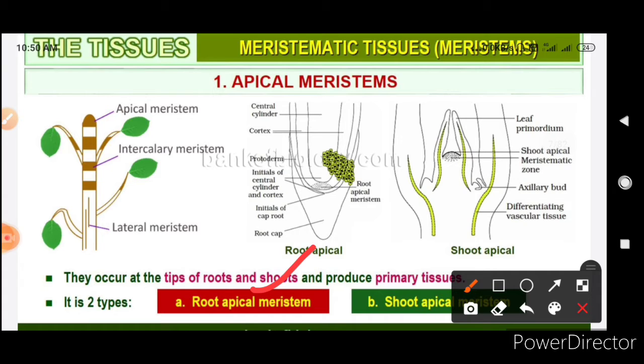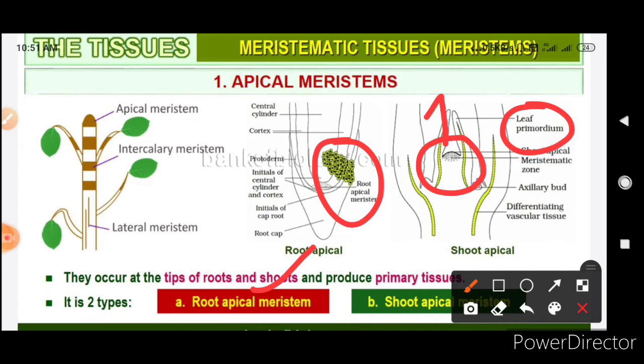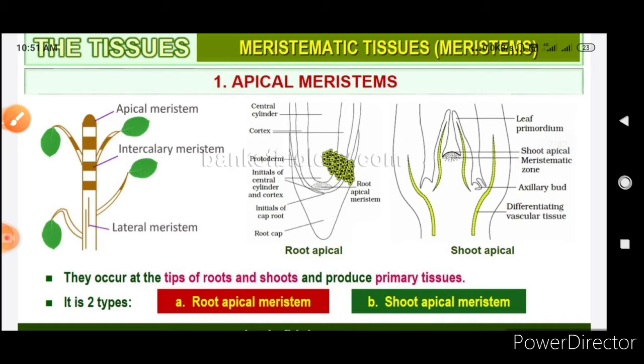You can see here, this is the root apical meristem, and this is the leaf primordia, so it is the shoot part, and here the meristematic zone is present, which will allow it to grow in the upper direction. This will allow it to grow in the lower direction, beneath the soil, and this will be above the soil. Apical meristems occur at the tips of the root and shoots and produce primary tissue.